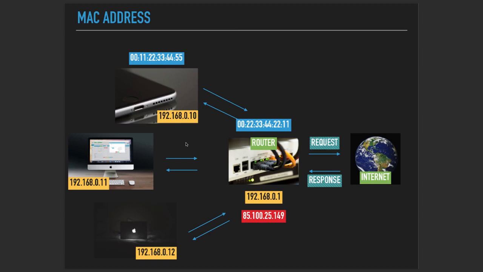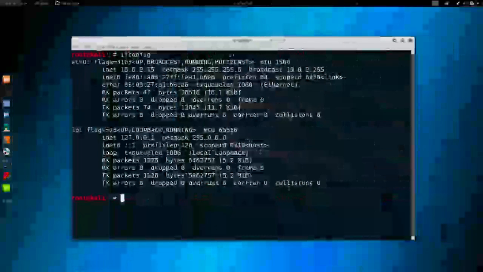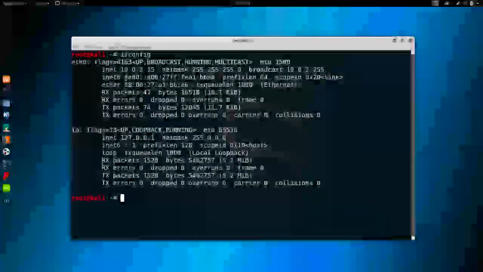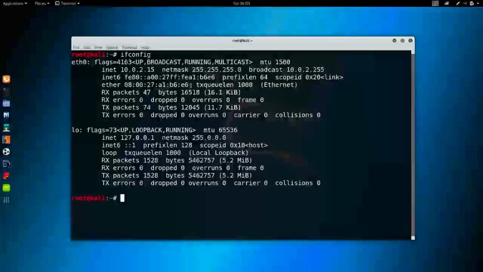But why do we even want to change this MAC address? For some reasons, bad hackers or good hackers, like ethical and non-ethical hackers, may want to change this MAC address. If you remember, even our eth0, our fake connected cable, has its own MAC address in here, right?